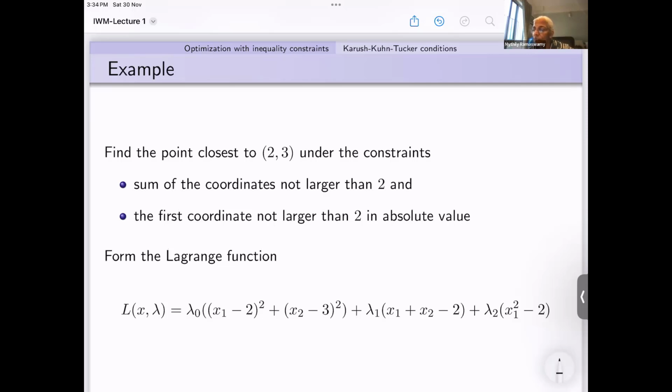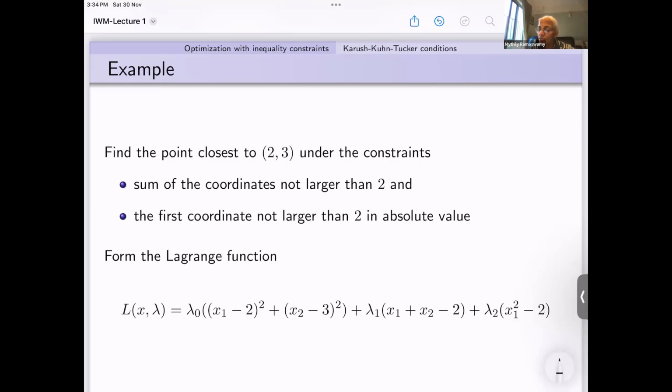I multiply it by the Lagrange multiplier lambda 1. The second constraint is modulus of x1 less than or equal to 2. I have rewritten it as x1 square minus 2, because modulus has a differentiability problem. This is a better way to write it. So lambda 2 times (x1 square minus 2). Okay, so I have my function.